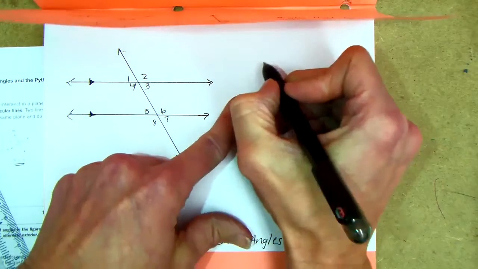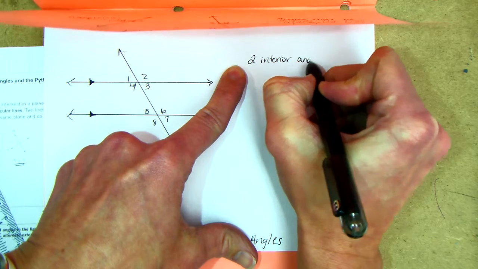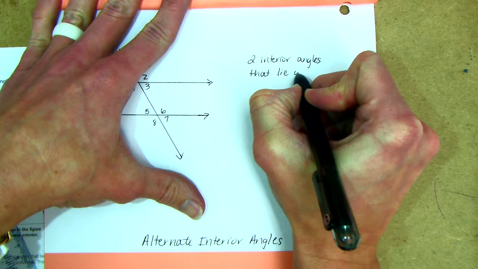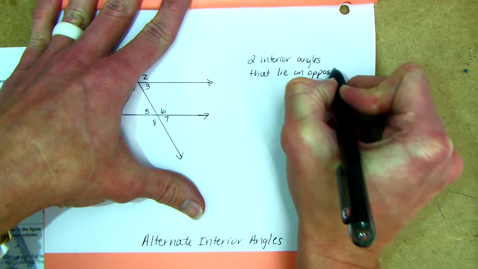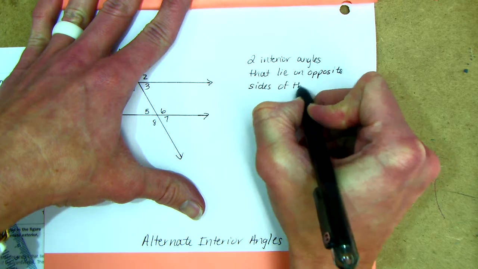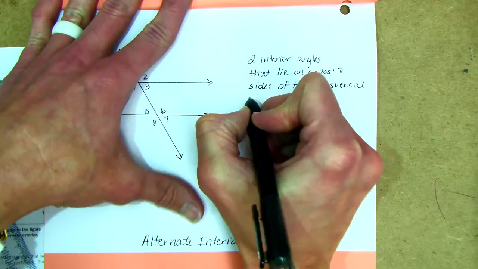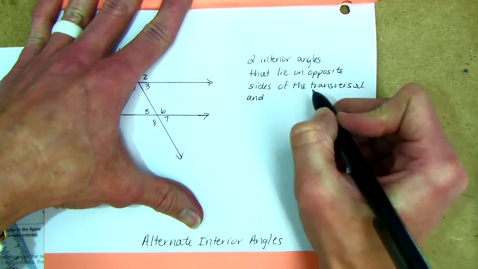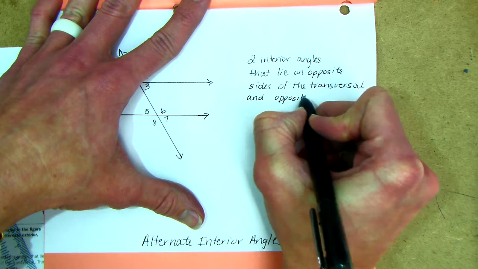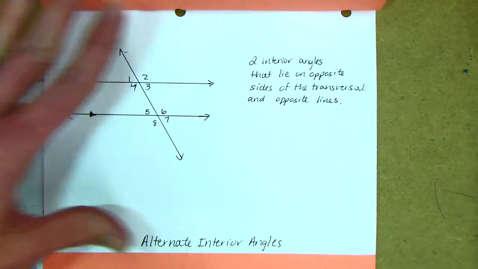So this is two interior angles that lie on opposite sides of the transversal and opposite lines.